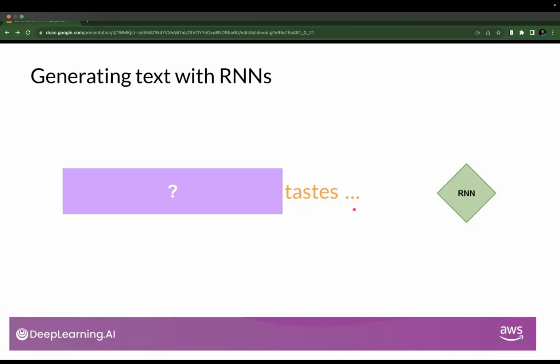Now, think even further. If you are able to read a whole book, and then you have to guess the last word on the last page, if you have read the full book and you remember the whole context, it will be much easier to predict the last word. And in that case, the output is most likely to be the right one.